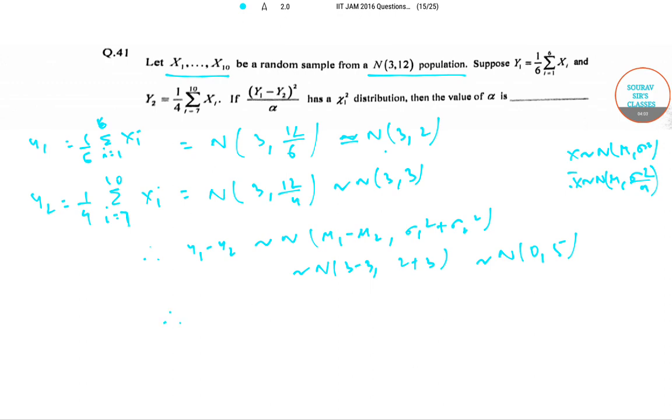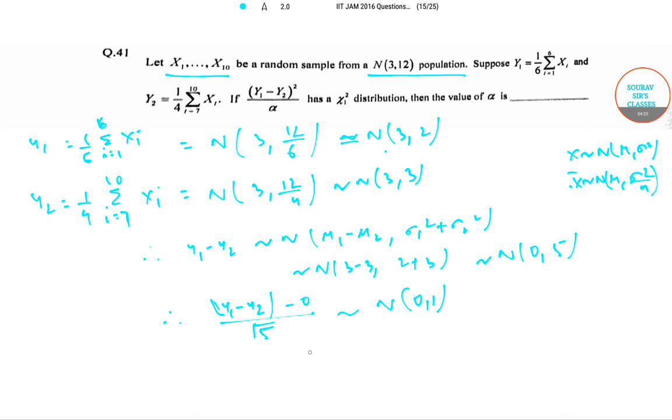Therefore, (y1 minus y2) minus 0 by root over 5 would follow a standard normal variable, that is normal 0, 1.